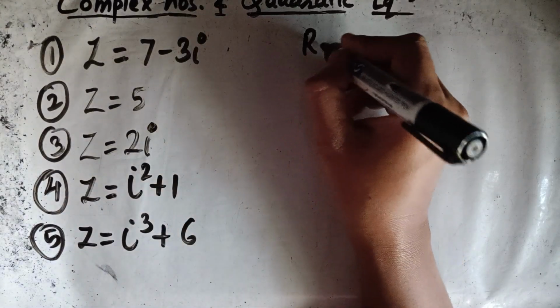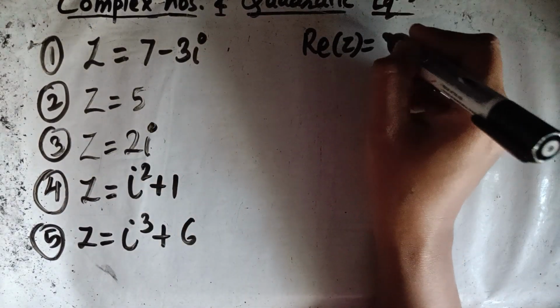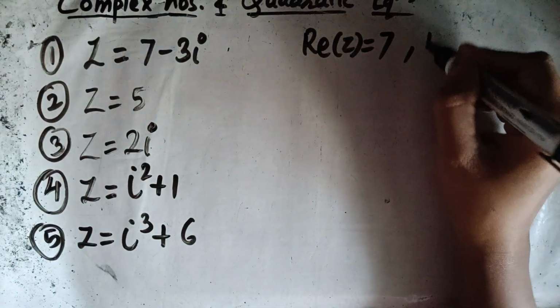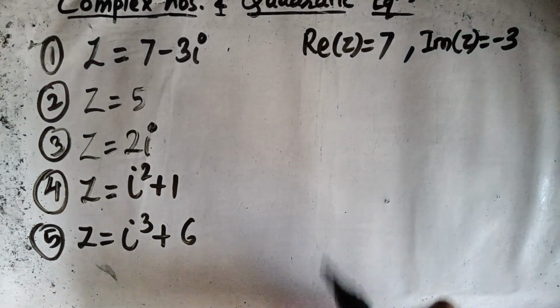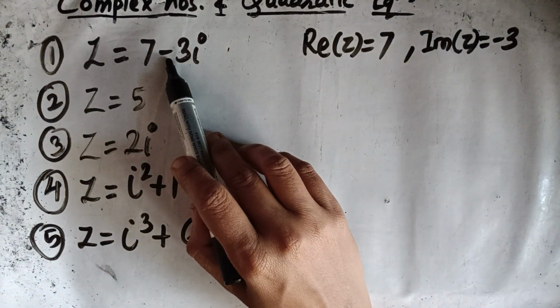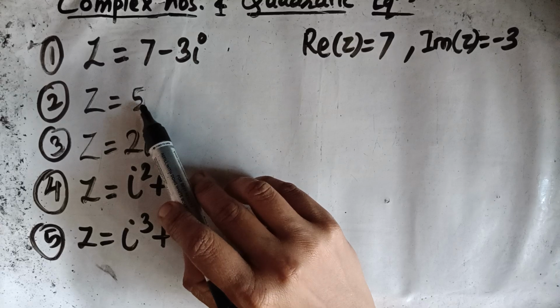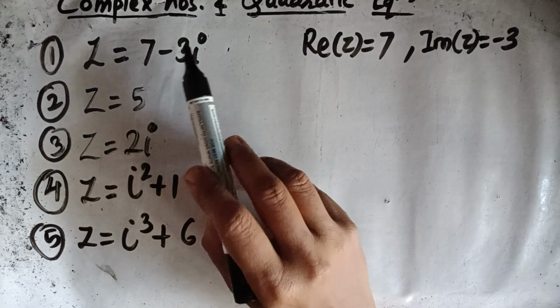So real part is 7 and imaginary part is minus 3. So you have to include the minus sign also. Now this number you have to write in terms of x plus iy.